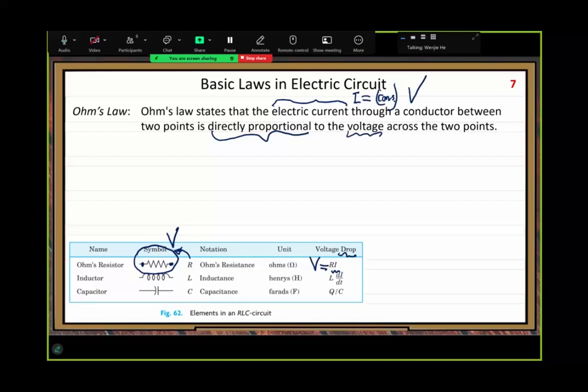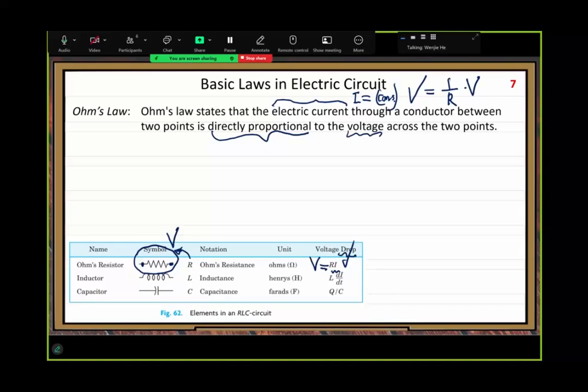From this formula, you can see that constant is 1 over R. So we can write I equals 1 over the resistance times the voltage V. So that's Ohm's law, described in this way. This way is equivalent to, and is the original form of, Ohm's law.